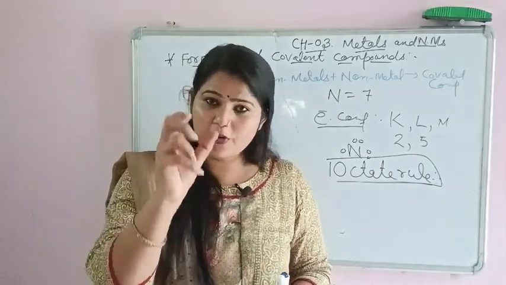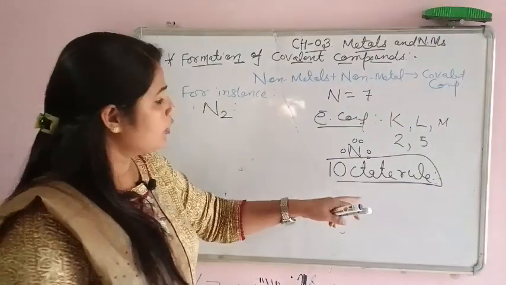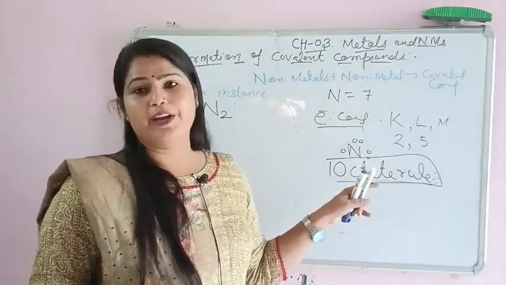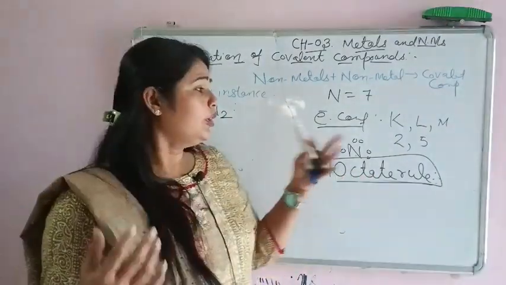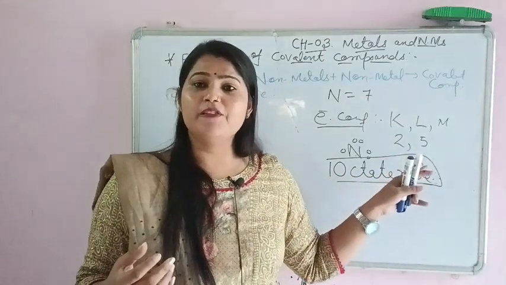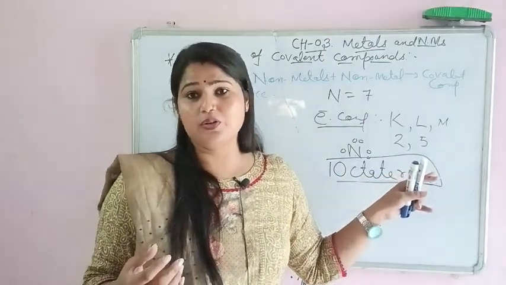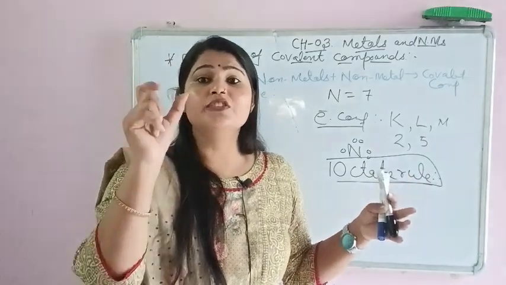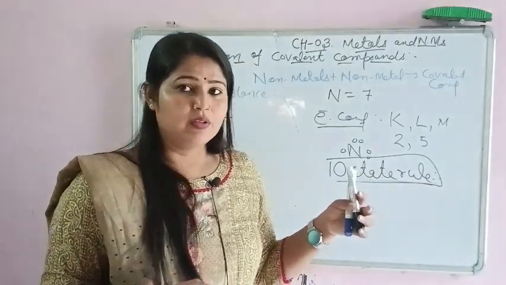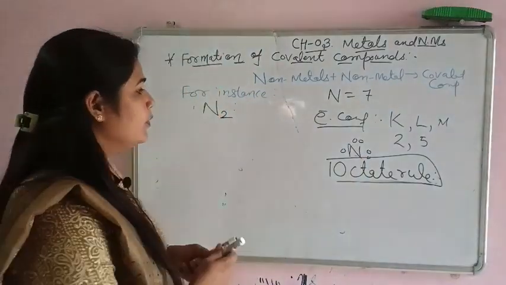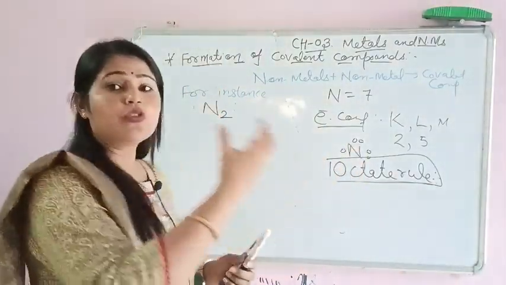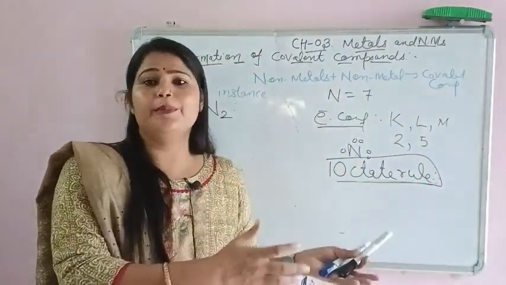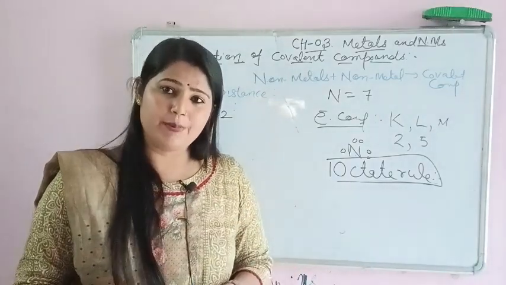This is the octet rule. In the case of nitrogen, there are only 5 electrons in the valence shell, so it does not complete its octet. To complete its octet, it requires 3 more electrons. So nitrogen gains or shares 3 electrons from its neighboring element and completes its stability.